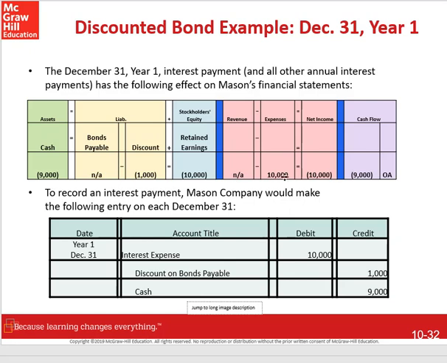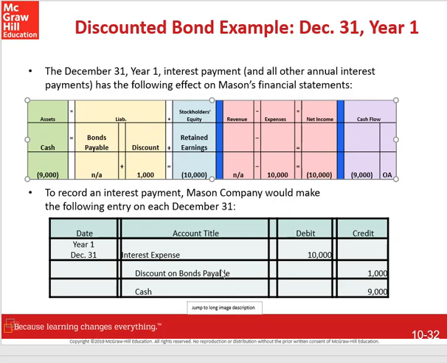So when we look at our accounting equation here, cash is going down. Our liability side is going up. I know that's confusing. There, I changed it so it's not a double negative. So I'm adding the discount. So we're adding up our liabilities, but remember, discount is a contra liability.